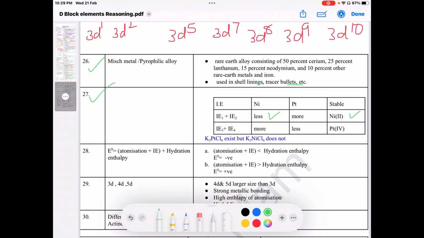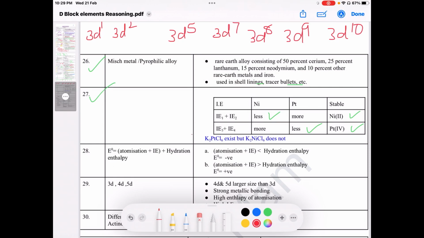The one which has a lesser value of the sum of ionization enthalpy, that oxidation state is the most stable one. Like if we talk about the fourth oxidation state, IE1, IE2, IE3, IE4, that will be lesser for platinum. That's why platinum 4 is more stable than nickel 4.